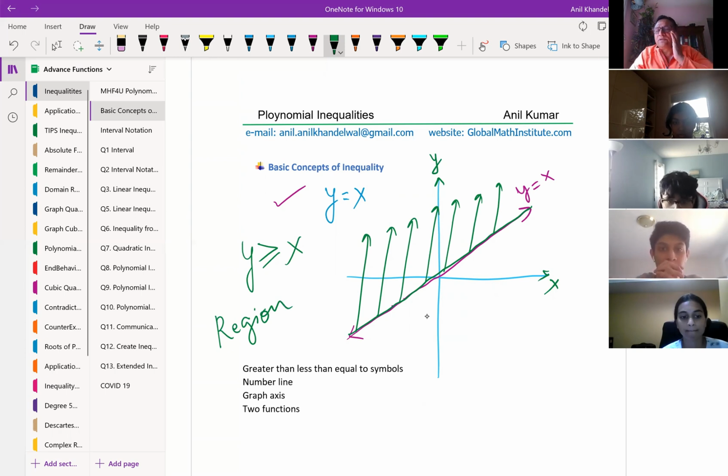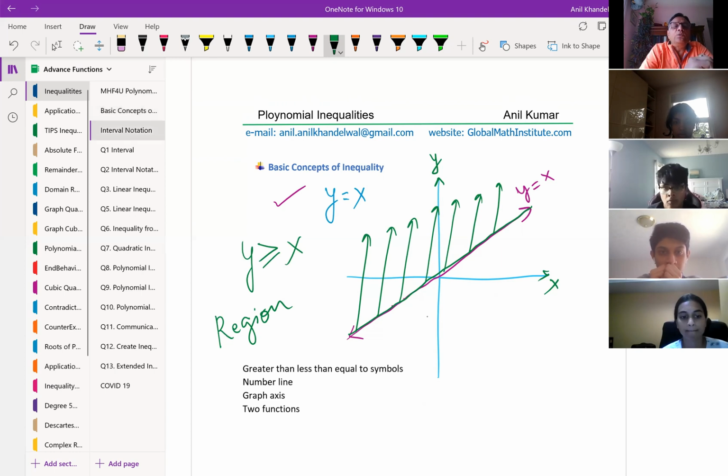So that is the difference between equations and inequalities. Equations may have no solution, one solution, or many solutions. Inequalities could have many solutions and also a region, as we saw in this particular example, correct? Now, this solution is normally represented in many different ways.